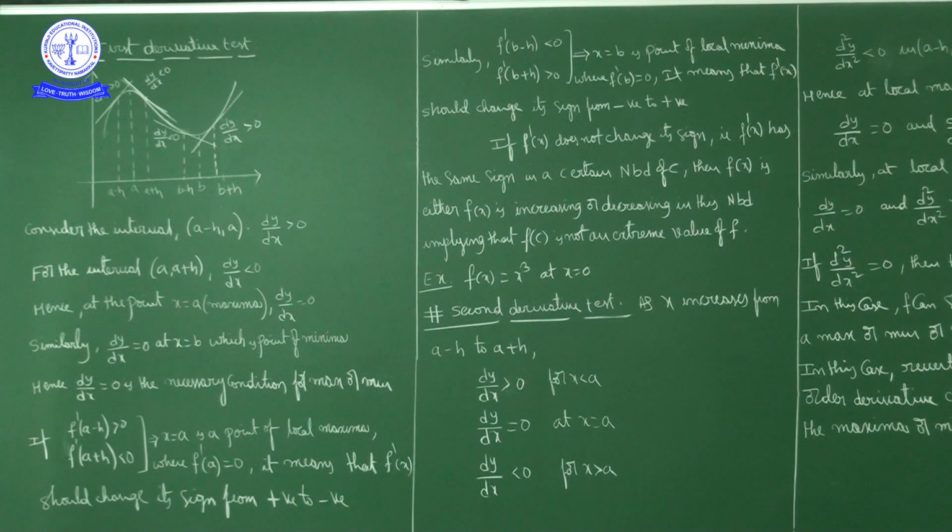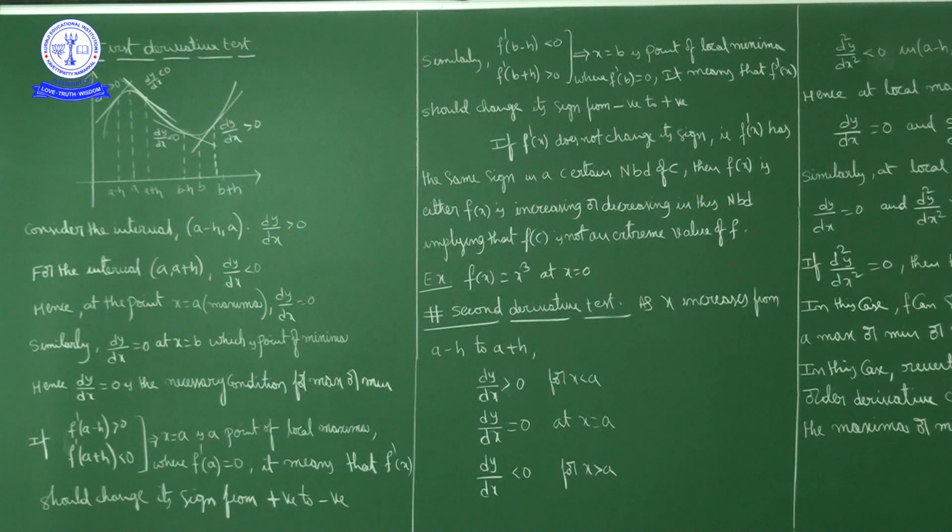And if f dash of b minus h is negative and f dash of b plus h is positive, then f dash of x changes sign from negative to positive in the neighborhood of b, and x equal to b is called the point of local minima.